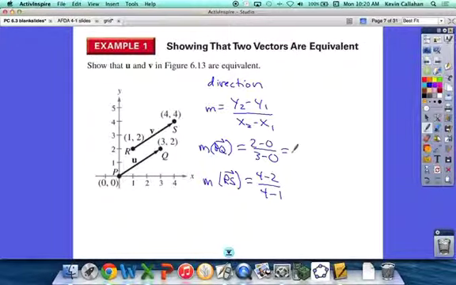If I simplify, that's 2/3, that's 2/3. So they have the same slope. So since they have the same magnitude and the same direction, they're equivalent. Okay.